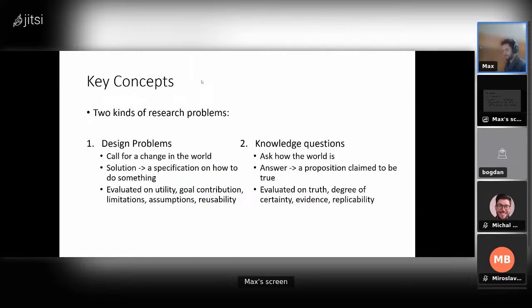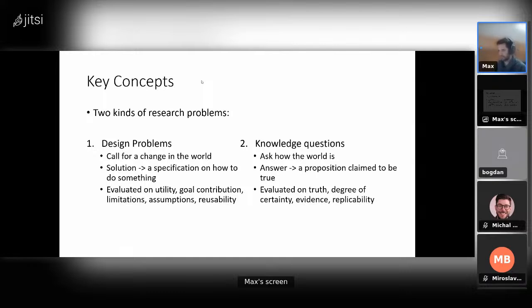So in design science, there are two research problems that are put in parallel. It's important to know in which category you are, because depending on the category, the process, or the cycle, will differ. So the first one is the design problem.